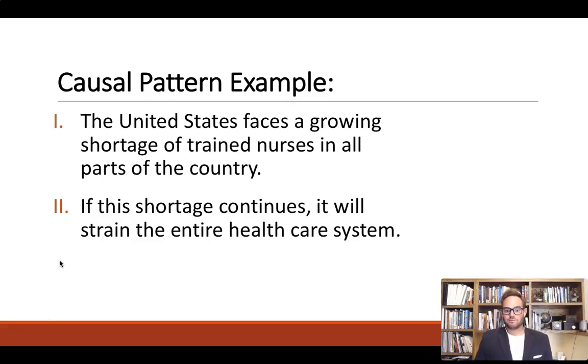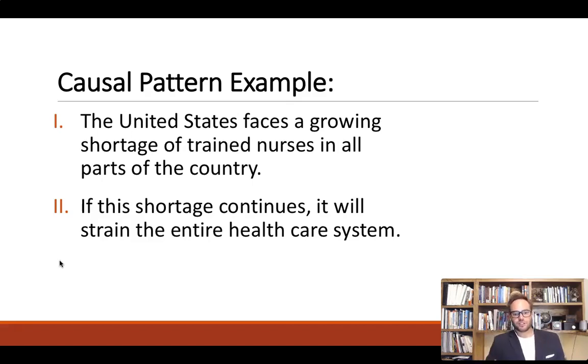Maybe our nursing programs aren't equipping students for real practical world demands or community demands. And then maybe in the effects, the shortage will continue. It'll strain the entire healthcare system. Then we might explore in what capacity or in what ways it is going to strain the healthcare system in terms of economic growth. What does that look like for us as individuals trying to get care and so forth.